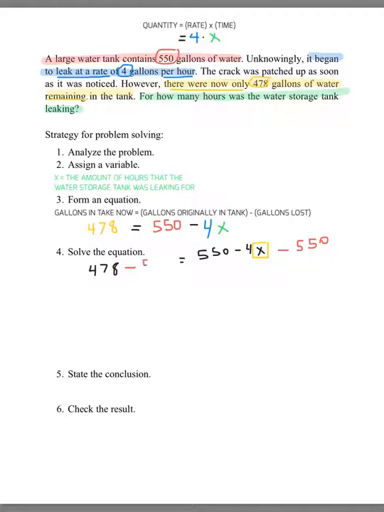So by doing so, on the right hand side of the equation, we end up with a positive 550 and a negative 550, simplifying out. So all that's left is a negative 4x. And then on the left-hand side, once you do 478 minus 550, you end up with negative 72.